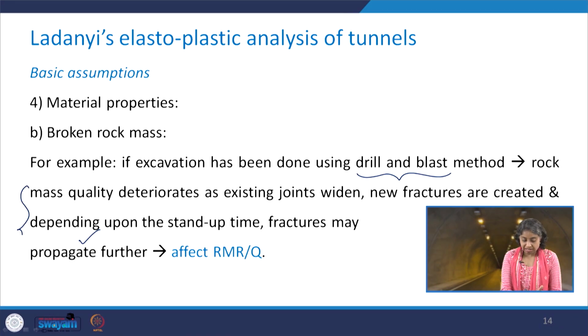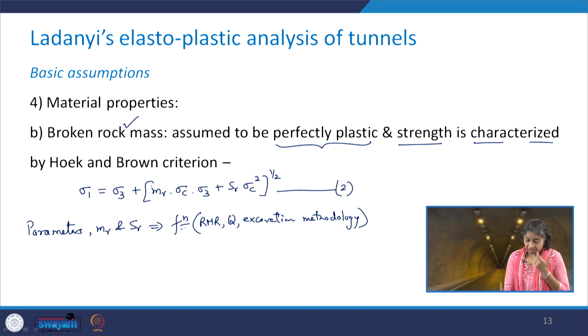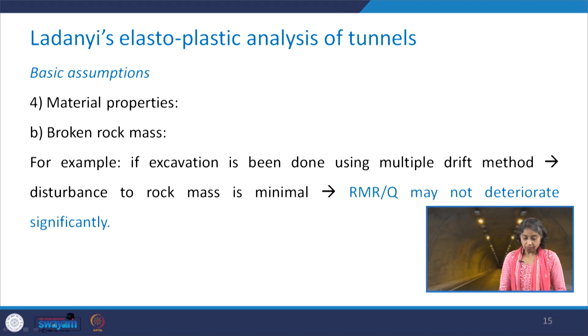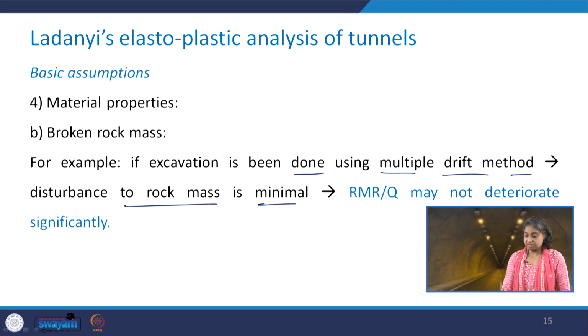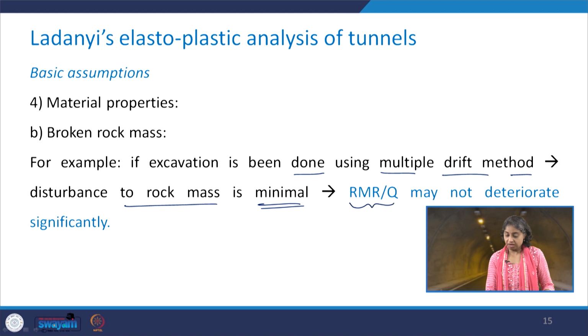All these things affect RMR or Q. That is why these parameters of the rock mass are not only functions of RMR and Q, but also of the excavation methodology. If the excavation is done using the multiple drift method, then the disturbance to the rock mass is going to be minimal, and there may not be significant deterioration in the values of RMR and Q.